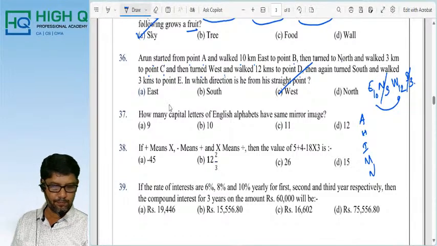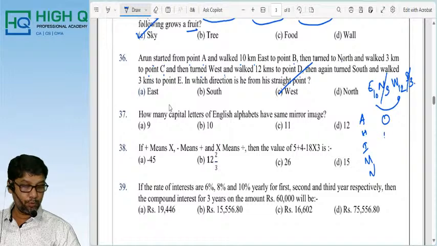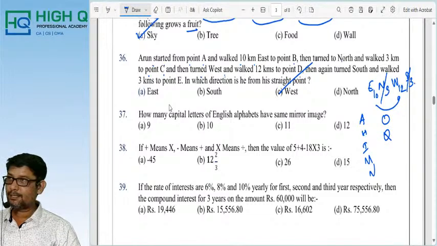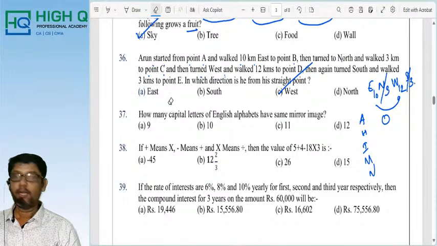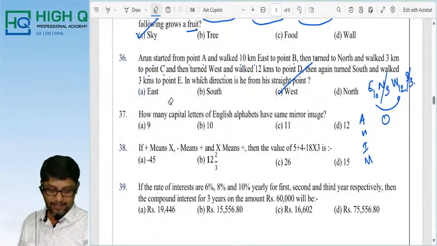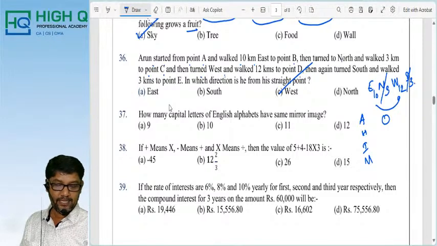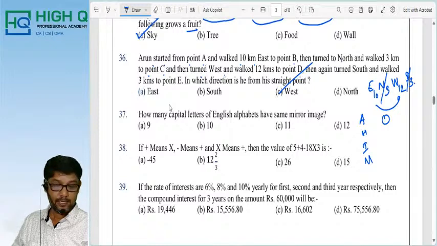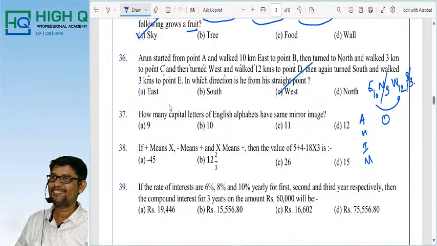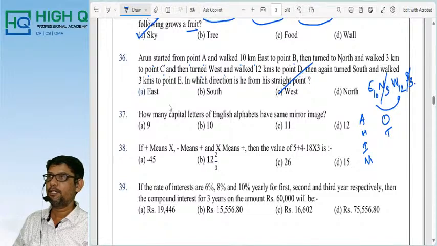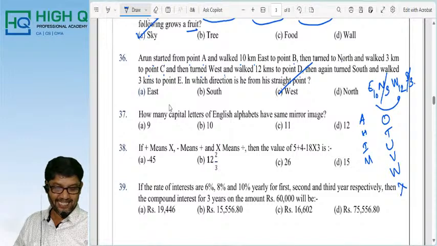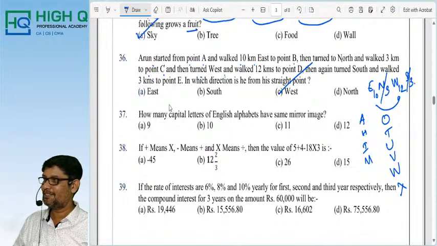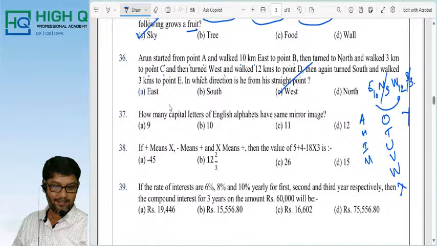O, P no. Q, R no. S, capital N cut. Okay. A, H, I, M, O. Then, are you sure? T, U, V, W, X, Y also.